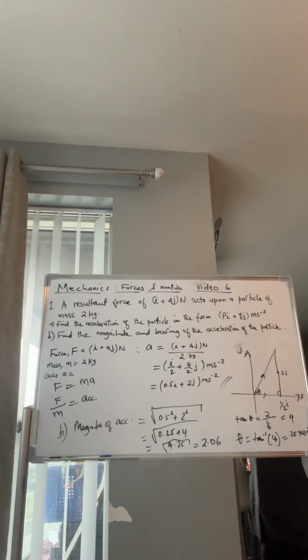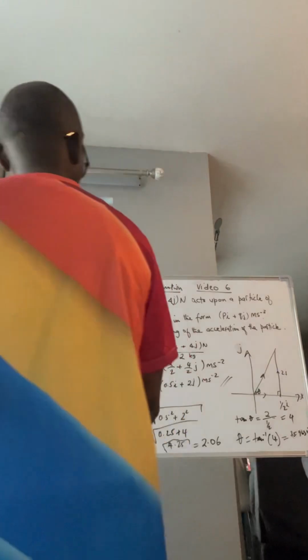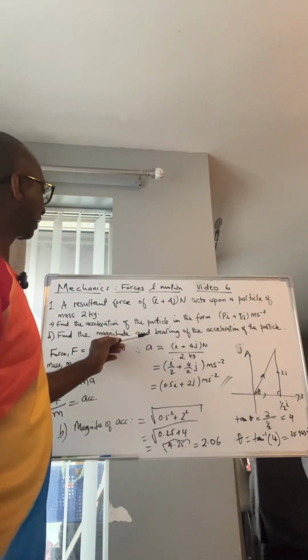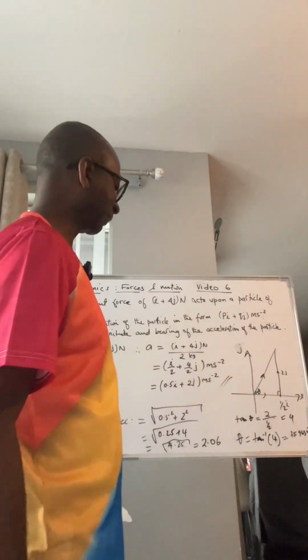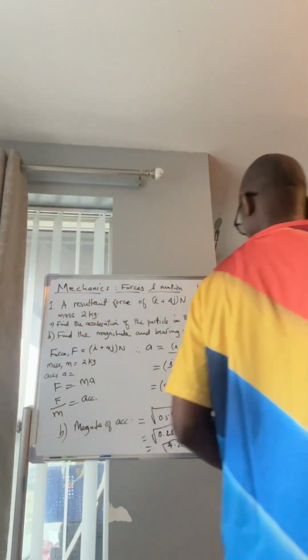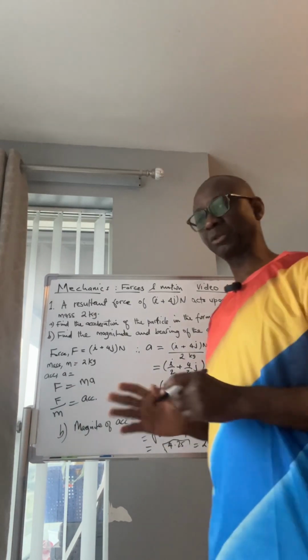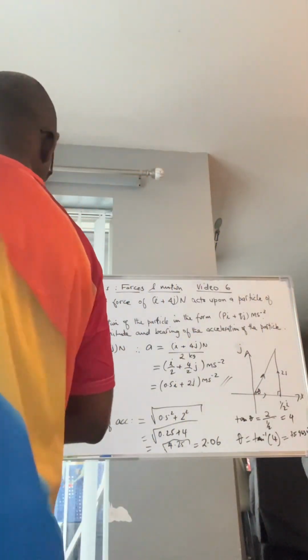But what are you asked to find? You are asked to find the magnitude, we got it here, and the bearing of the acceleration of the particle. When we are doing bearings, we always take our initial position to be from the north.